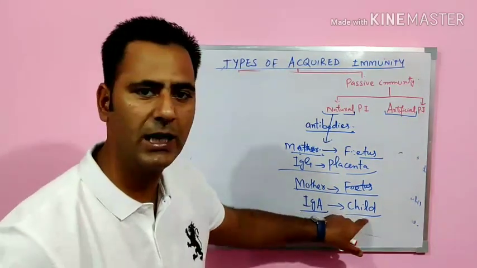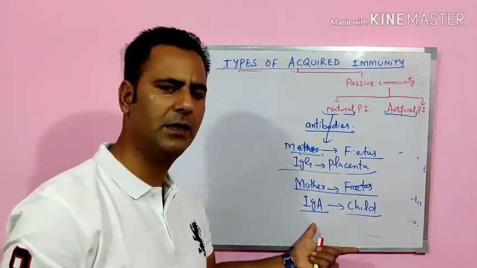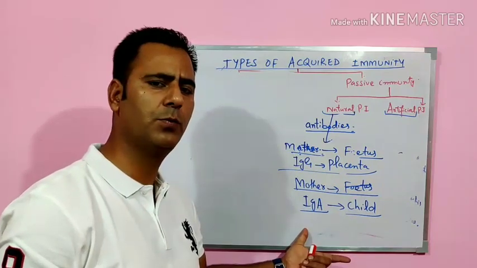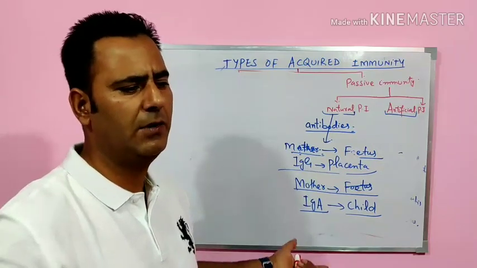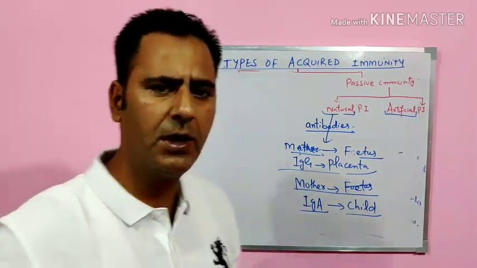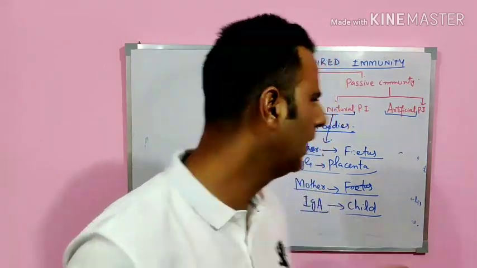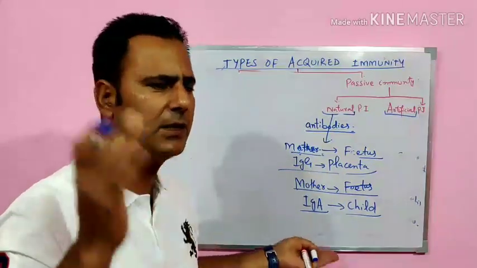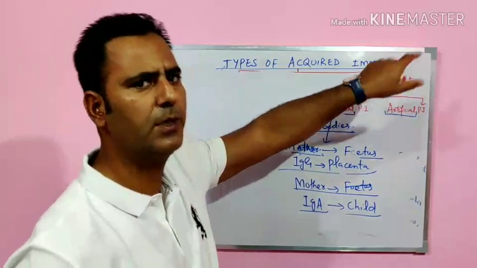The child receives a dose of antibodies directly through the milk of the mother, and these antibodies are going to protect the child against infections. Without activation of the child's immune system, he is receiving a direct ready-made dose of antibodies, and he uses these antibodies for combating various infections, providing him a type of natural passive immunity.